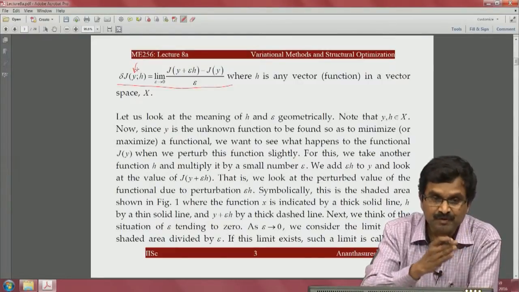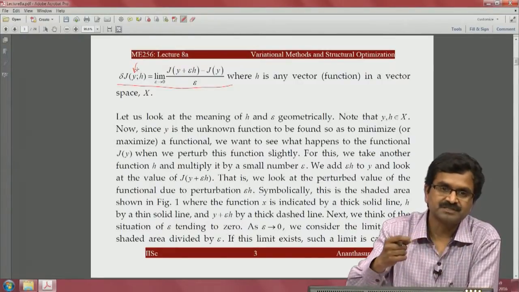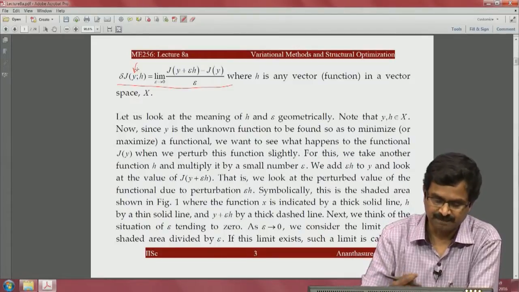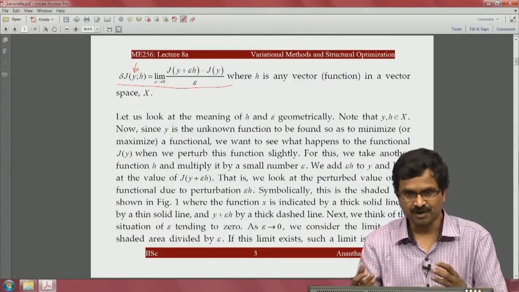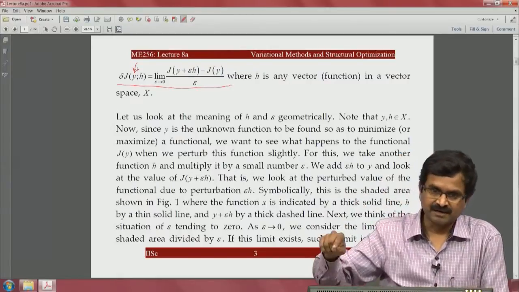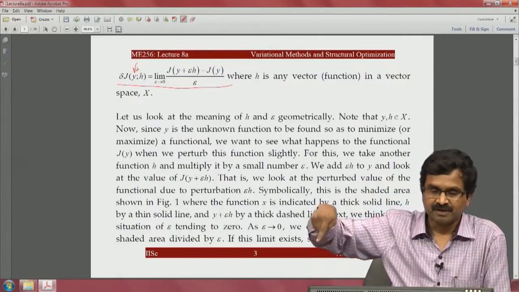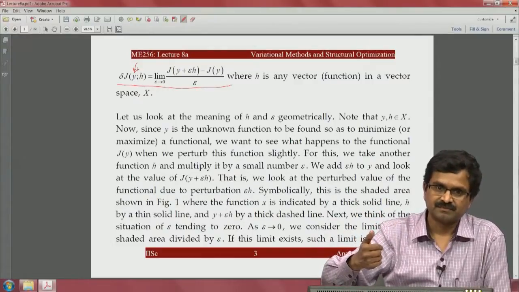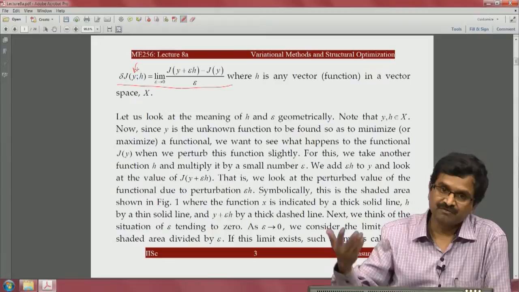So, as we vary that for different functions, there will be different Gateaux variations, different first derivatives. Like if you imagine the Brachistochrone problem, between points A and B you join with a curve, that curve will have a variation. If I take another curve, that will have a different variation.